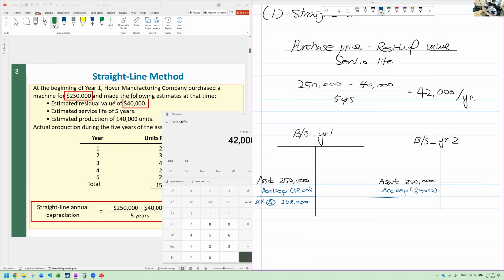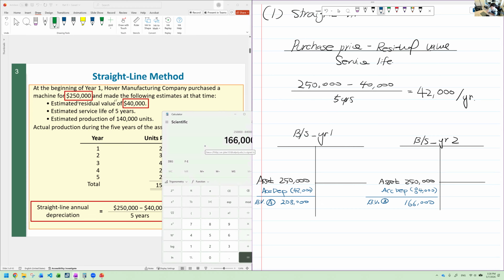So that means the book value or the carrying value of the asset becomes $250,000 minus 84,000. So it becomes $166,000.